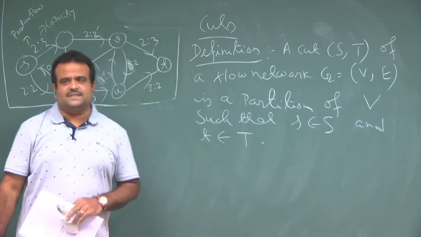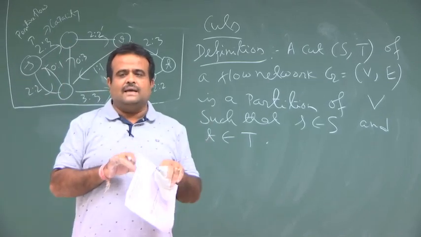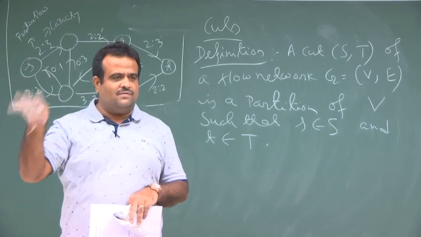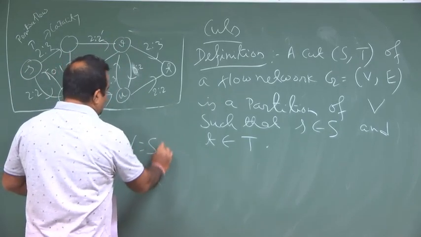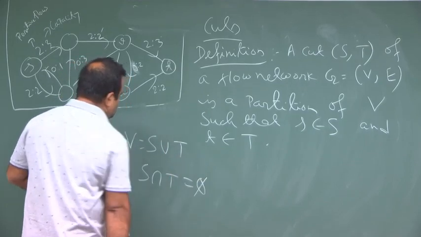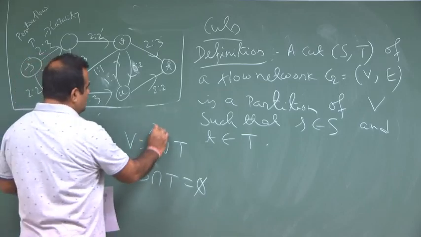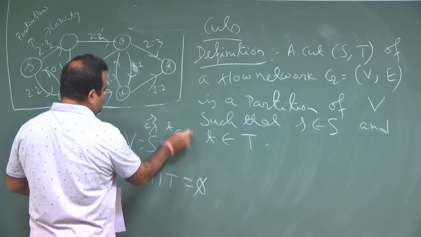So, any such partition, basically we have a graph G and we are taking a partition, that means we are dividing the vertices V. So, V is basically S union T and this is a disjoint partition, such that S will be here and T will be here.